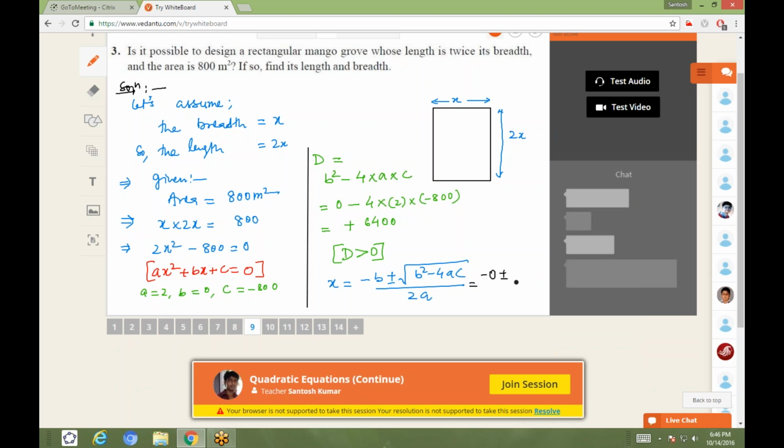So 2a is nothing but, it will be coming 80 by 2 into 2. Correct, Chirag and Aditi? Yes, sir. Which is nothing but 20. So that is the reason you will get x as 20. And that is nothing but its breadth. And its length will be 40 units.